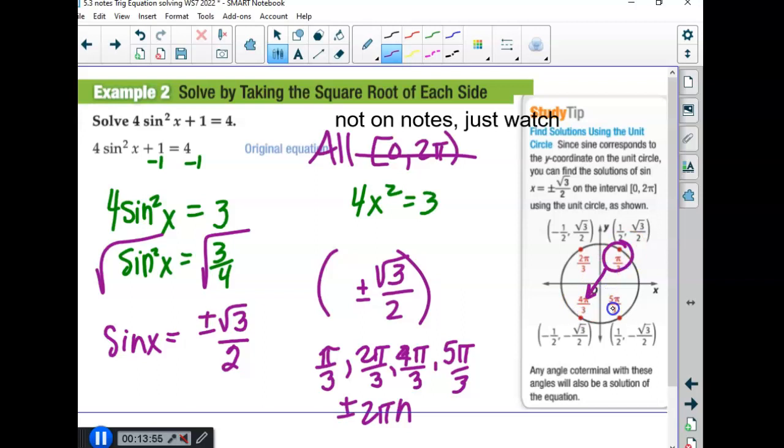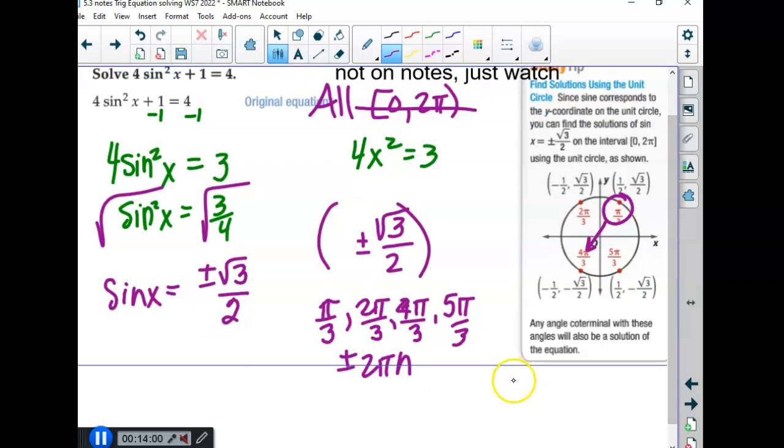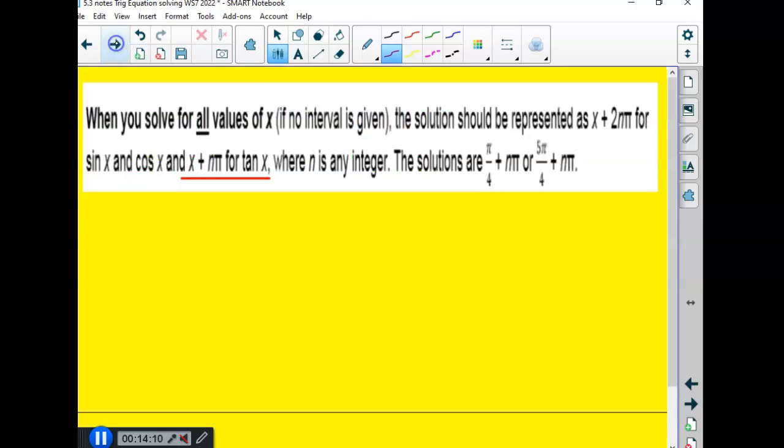Okay. You could call this one down here negative pi over 3. So the very shortest way to write that would say positive pi over 3 or negative pi over 3 and add pi on. But that's not a quiz. You don't have to know the shortest way to write it. All right. So I think this is on your notes.